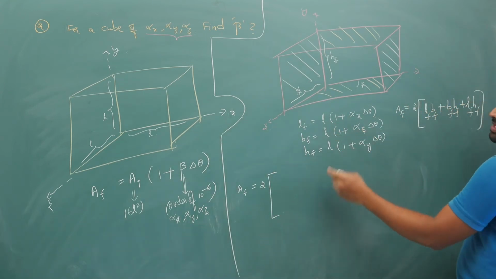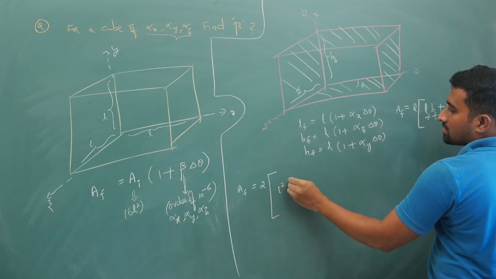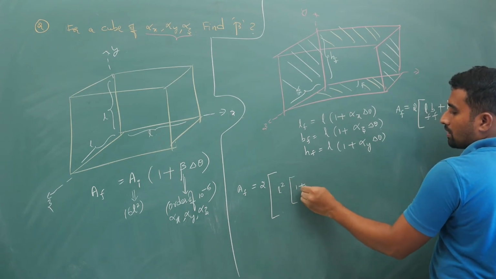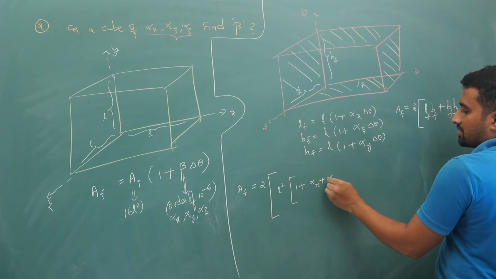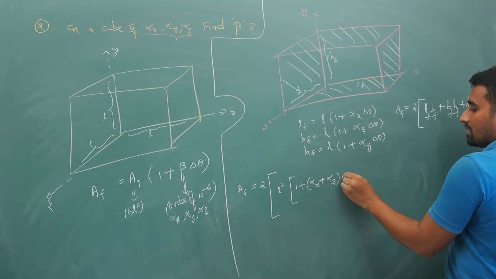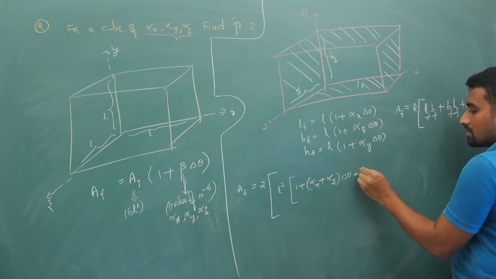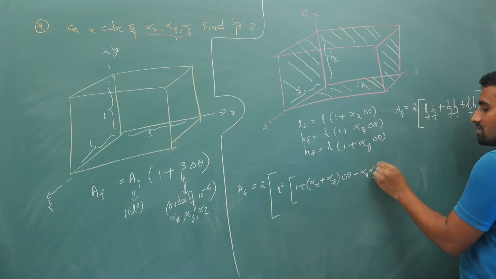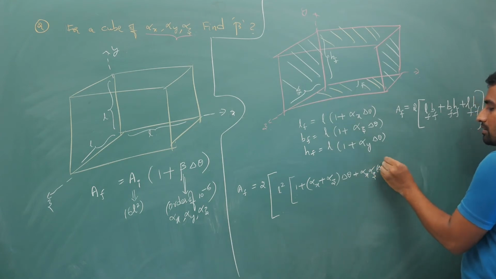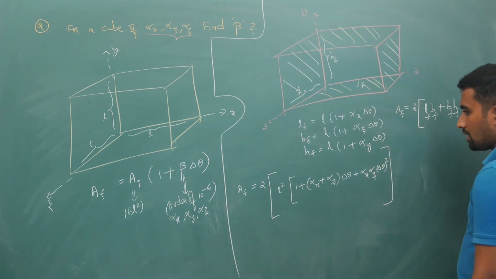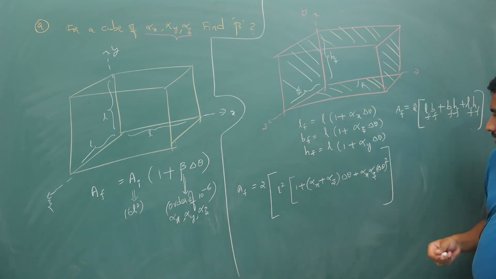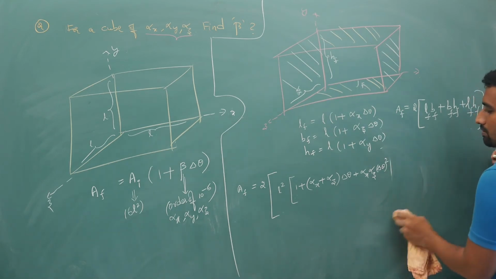Now let us cross multiply, so that will give you L square times 1 plus alpha x plus alpha z into delta theta for LF BF, plus alpha x alpha z delta theta whole square. I cannot keep a big bracket here.